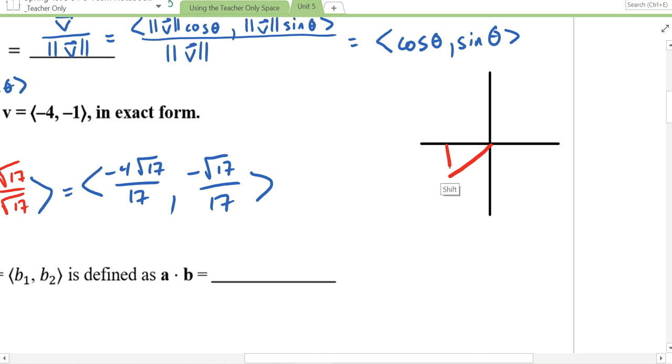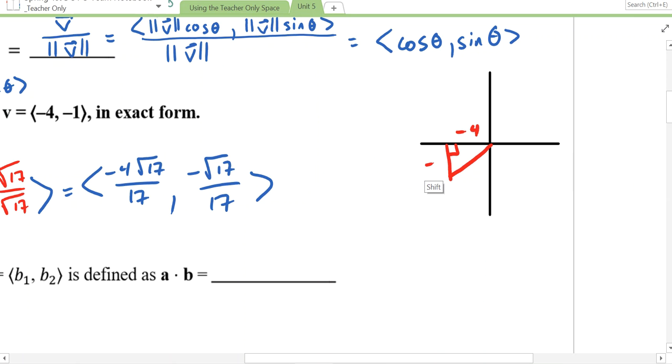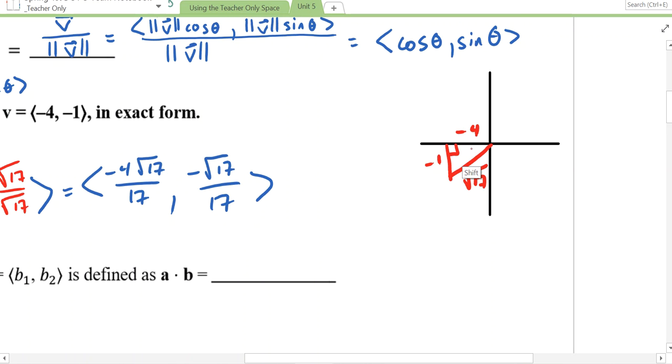Negative 4, 1. It's a right triangle. This is negative 4. This is negative 1. And we already know that this is square root of 17. So we know that there is some angle in here, theta, right?